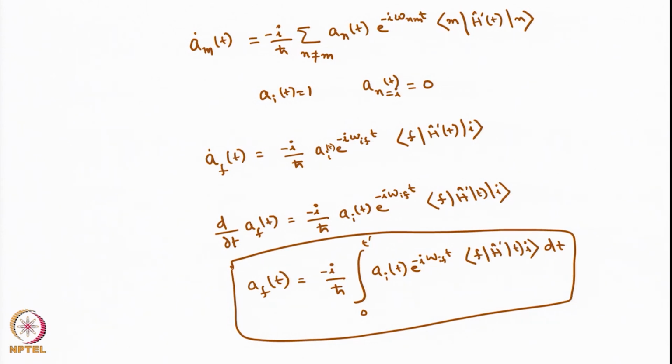Okay, now in this equation, a_f(t) is equal to minus i by h bar integral 0 to t prime a_i(t), e to the power of minus i omega_if t, <f|H'(t)|i>.